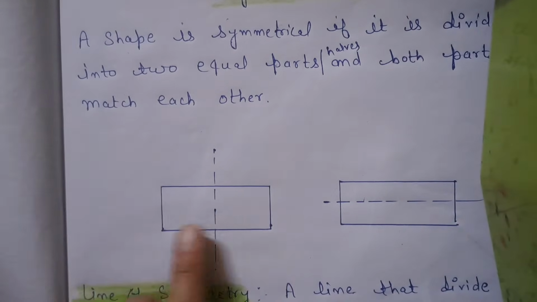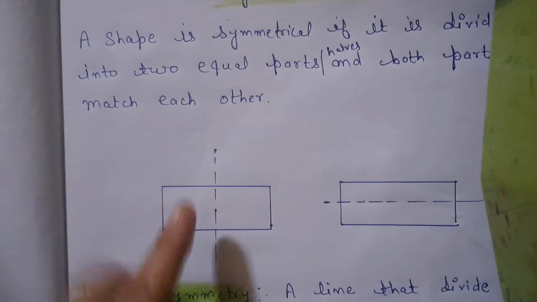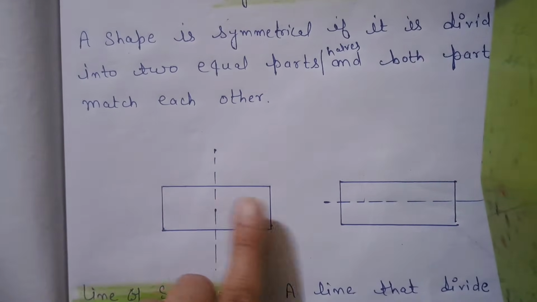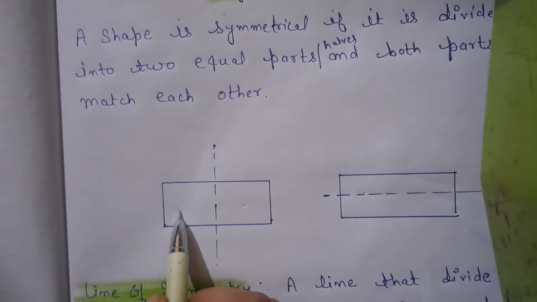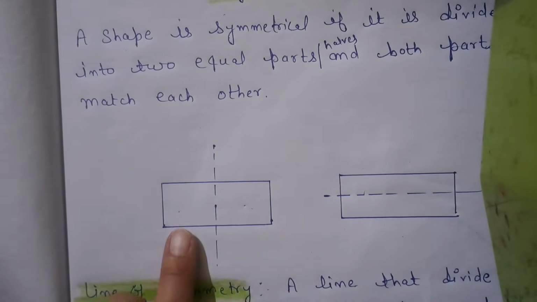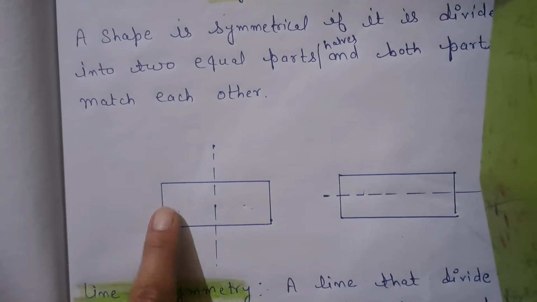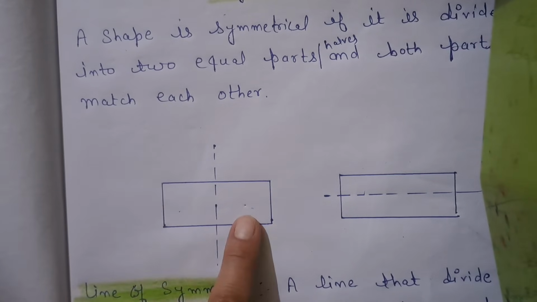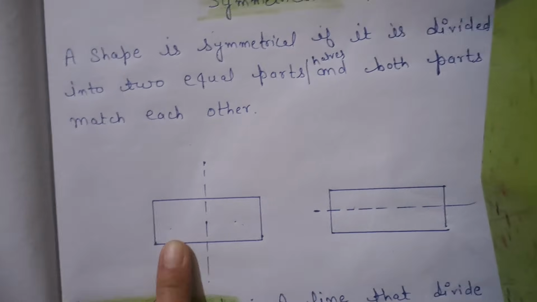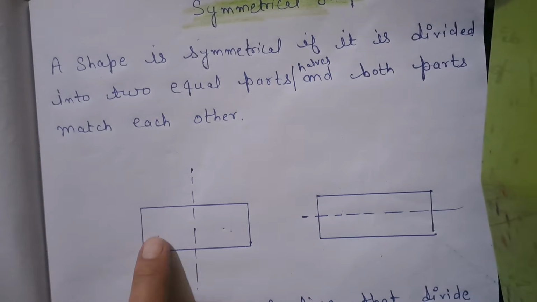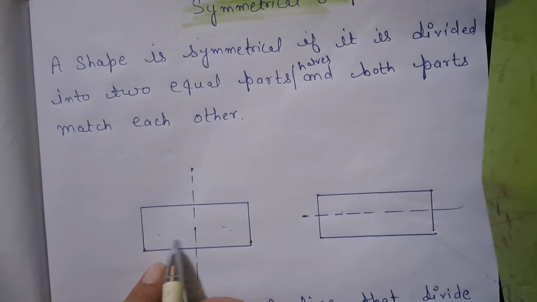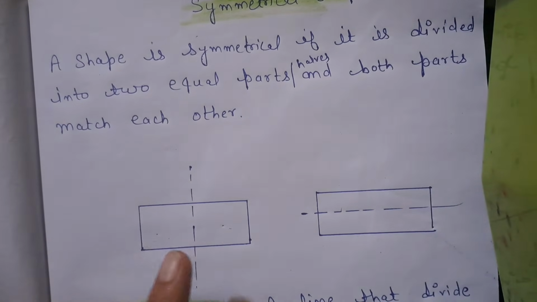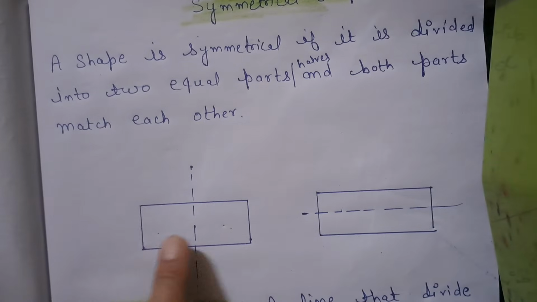This line divides this rectangle into two equal halves, one and two. Can you see it? Both the halves are equal in shape and size. You can say that both the halves exactly match each other. So we can say that the rectangle is a symmetrical shape.